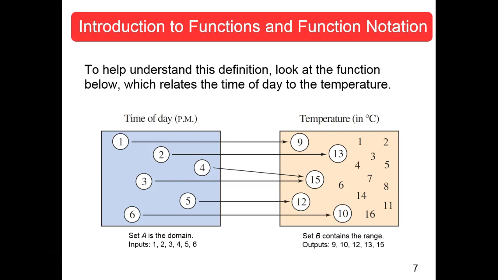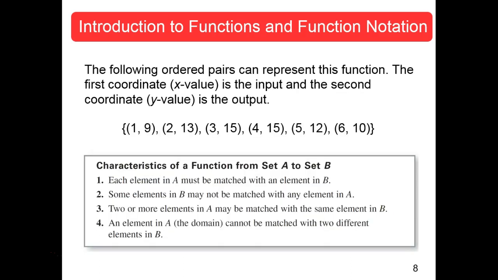Now, that's one way to describe it, sort of a mapping illustration. Here's another way you could describe it. Very same function. It's a set. This is a set of ordered pairs. Now, when we say ordered pairs, both words are important. What does a pair mean? Two. The order, it matters which order, okay?